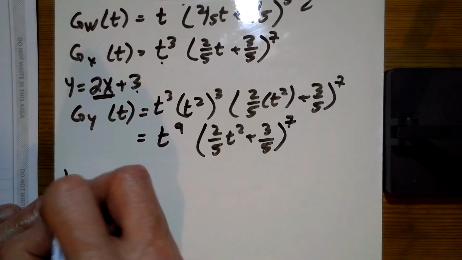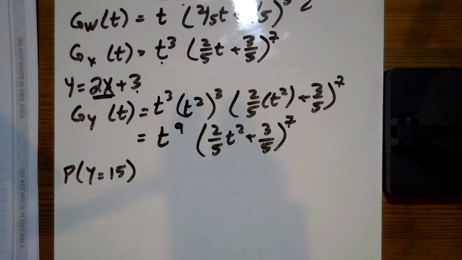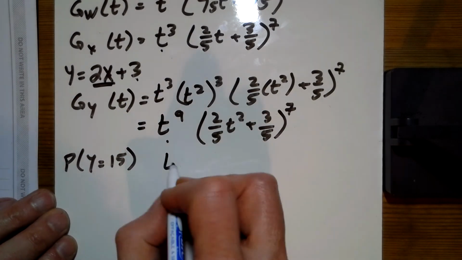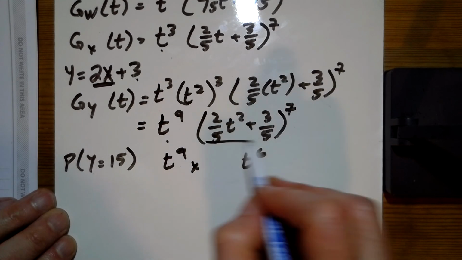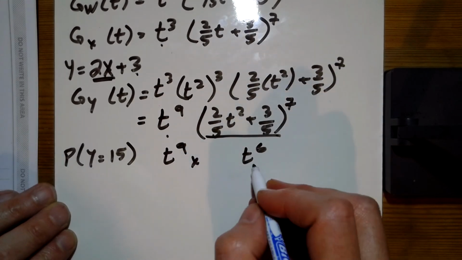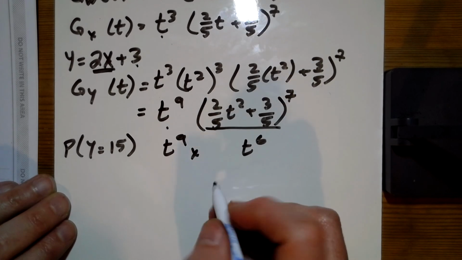So find the probability that Y is equal to 15. So how are you going to get a 15 out of all of that? Oh, this is lovely, isn't it? So we've got t to the 9 there. So we got that times by, we're going to need 6 of them here, aren't we? So we want this to the power of the third one of those, don't we?